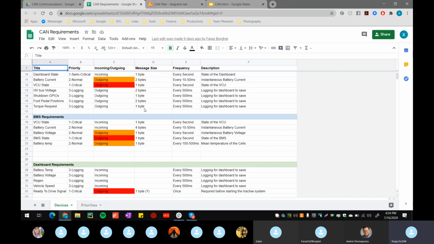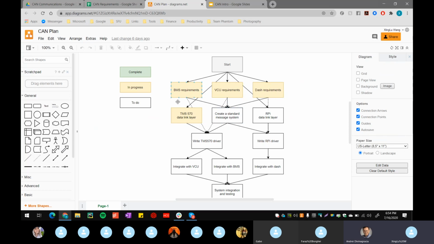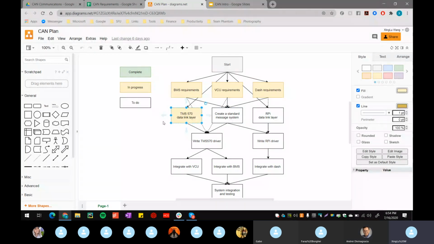At today's meeting, I was going to do a last call for this before I put together my first version of the database. And so these three basically go into making that database and the encoding and decoding system. In parallel, I was also researching the data link layer, or the CAN frame basically, for TMS 570.